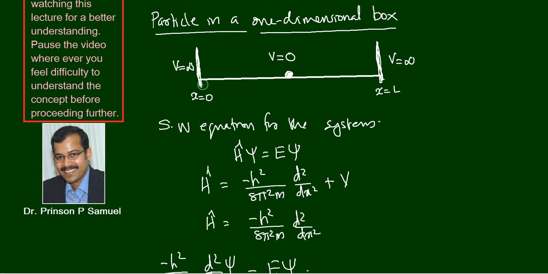That is, the particle is at x is equal to 0. You know that once it crosses x is equal to 0, that point corresponds to V is equal to infinity. Therefore, when the particle comes here, at that point psi will be equal to 0, right?